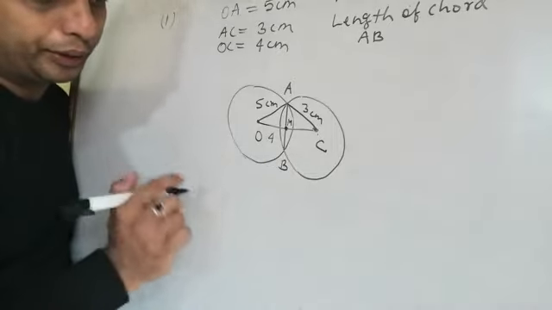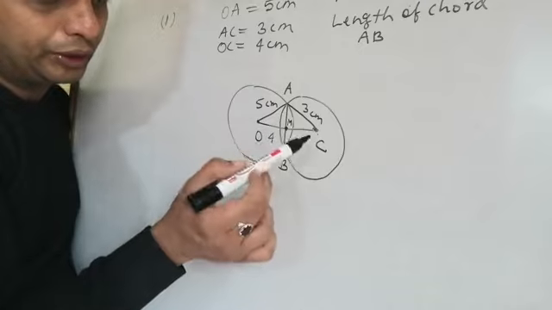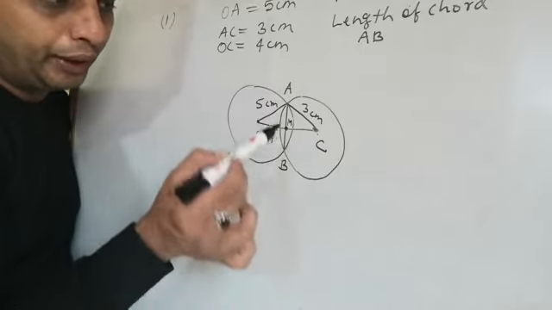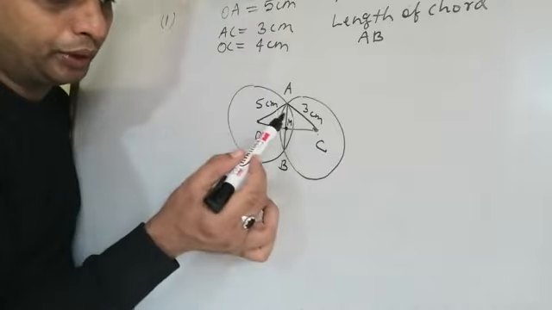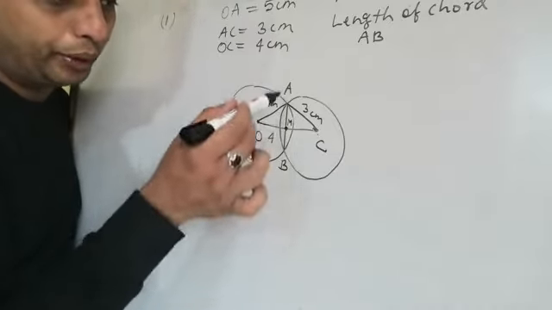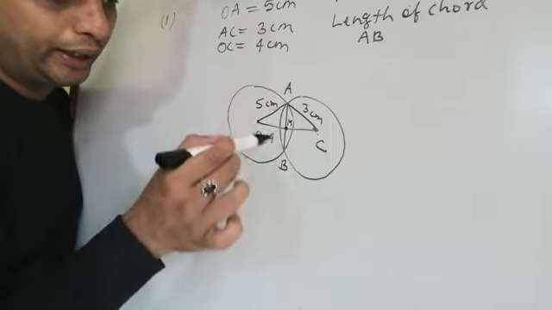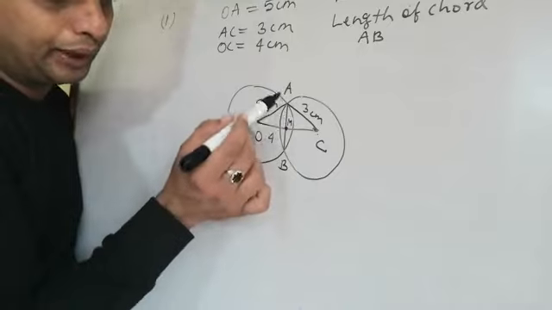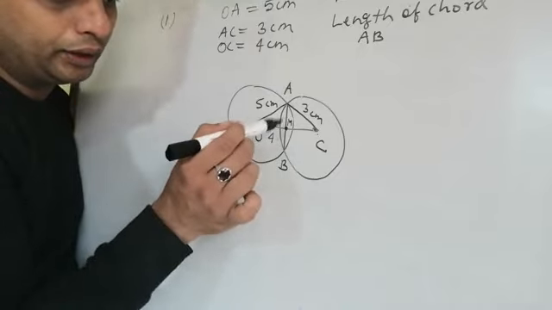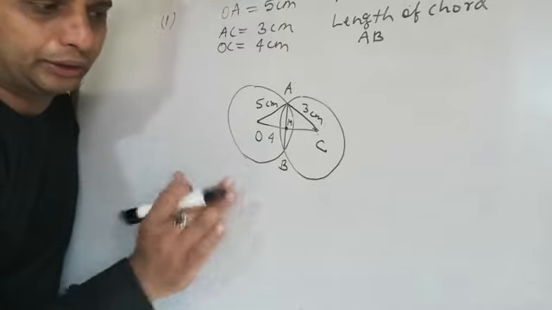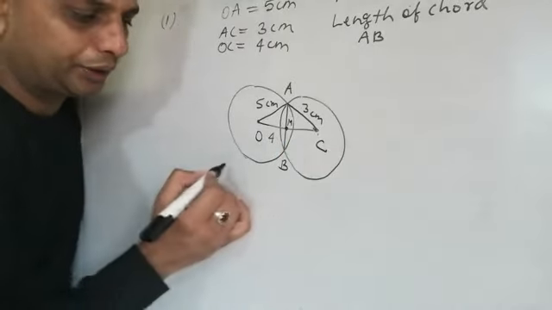So AM will be equal to MB. If I get the value of AM, the same will be the value of MB. So AM plus MB will be the value of AB. To find AM, I will first use Heron's formula, and with that I will find AM. For that you have to write the construction steps.